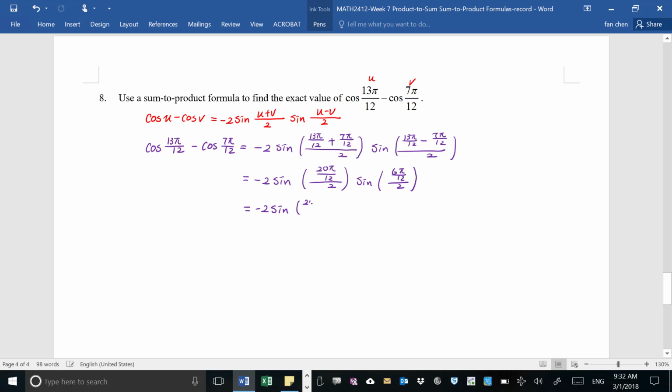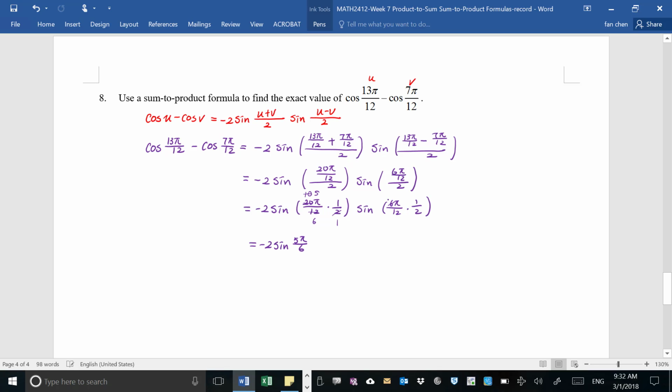So that is the same as 20 pi 12 multiplied by 1/2, and the same with 6 pi 12 multiplied by 1/2, and simplify this. 2 and 20 cancel out, and this one can be canceled out, so that will be 5 and 6, so that is negative sine 5 pi 6.